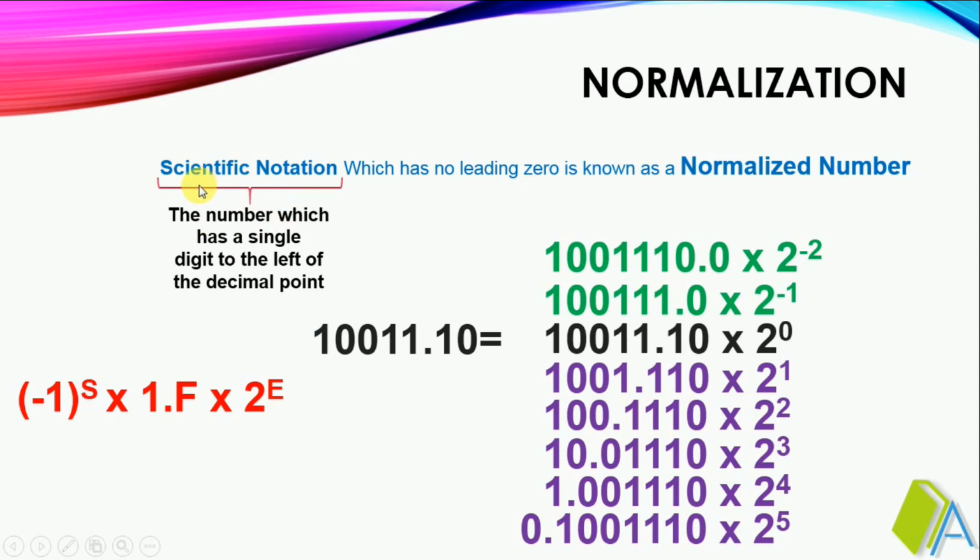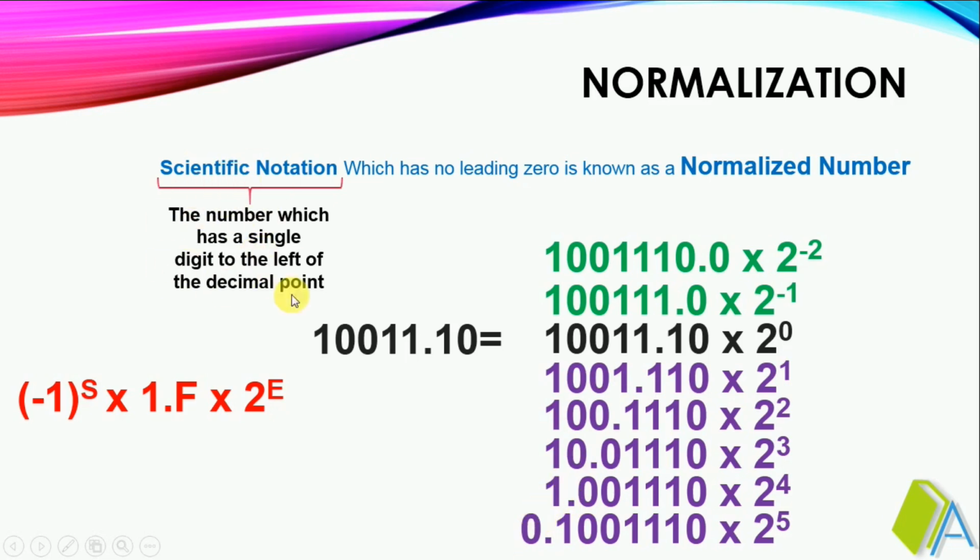In order to find the scientific notation number, you have to check how many bits are at the left of the decimal point. Here, before the decimal point you have 4 bits, here before the decimal point 3 bits, here before the decimal point 2 bits. In the last two cases you have only one bit at the left of the decimal point.